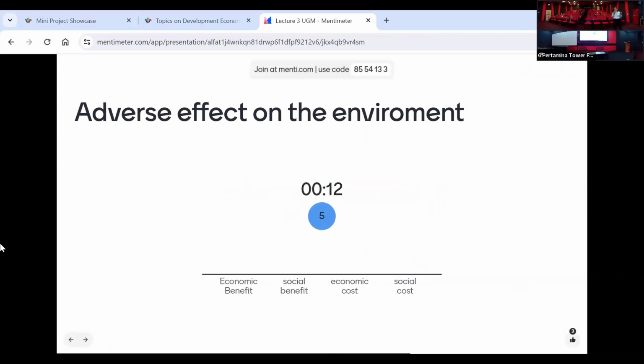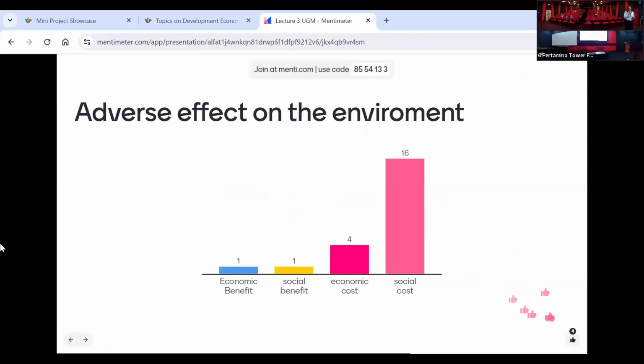Please get this right. And be brave, okay? Answer. Ta-da! Democracy works. Finally, it's a social cost. Excellent.